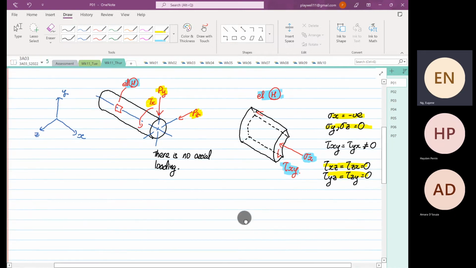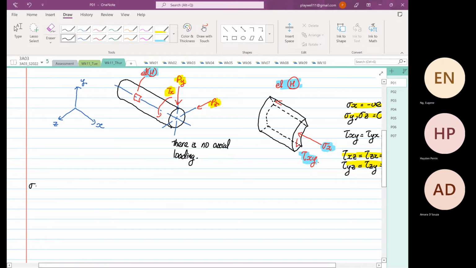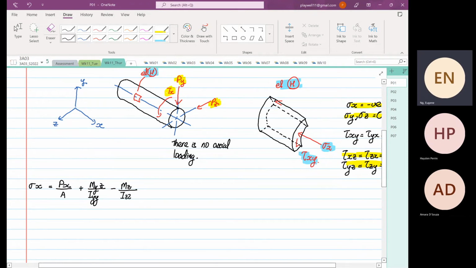Now, let's look at the formula that we are going to apply to calculate normal stress in the x direction. I'm going to write out the overall general formula that you usually see. What you will see is Px over A, plus My over Iyy multiplied by z, minus Mz over Izz multiplied by y.